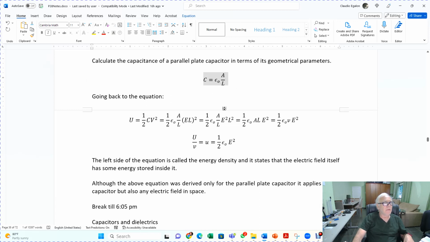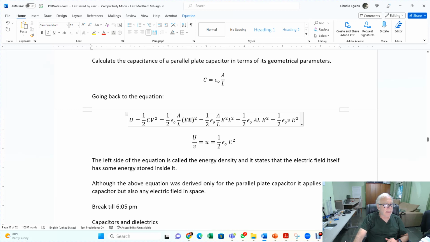So I'm going to substitute this C right in here, in this equation, and that's what we get. Furthermore, I'm going to remind you that there is a relationship between the electric potential and the electric field. Remember that? The electric potential between the two plates is going to be the electric field times L. And that's what I got here.